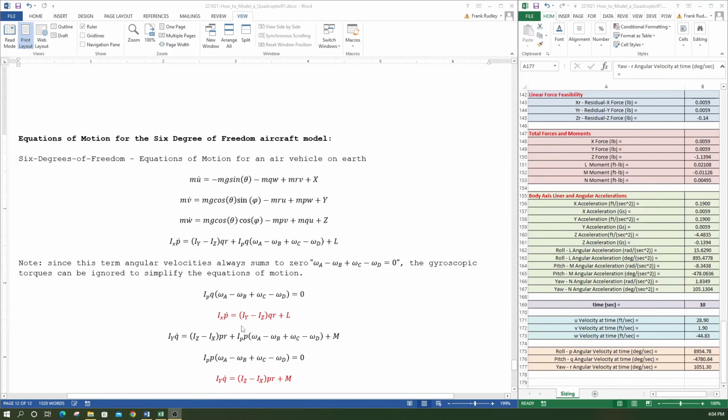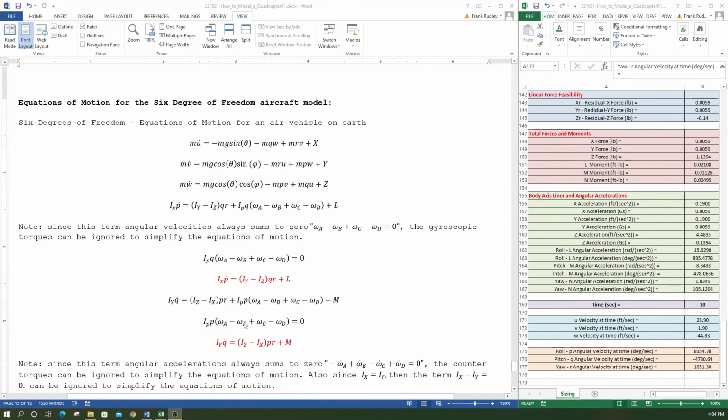I'm going to talk a little bit about some of the simplifications. Some of these forces are cross components. Some of it's from gravity, but anyway, for a quadcopter, one thing we have is the gyroscopic forces from the propellers.